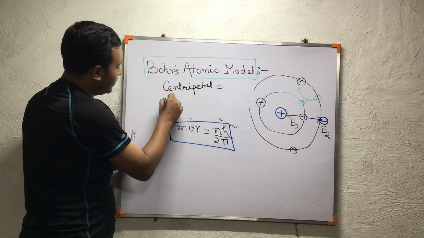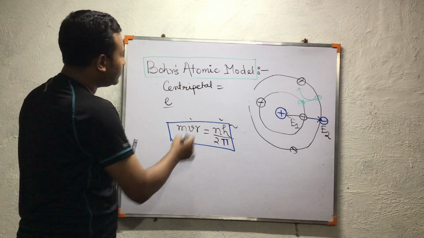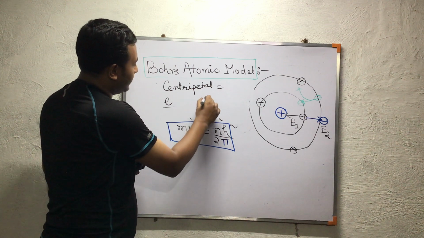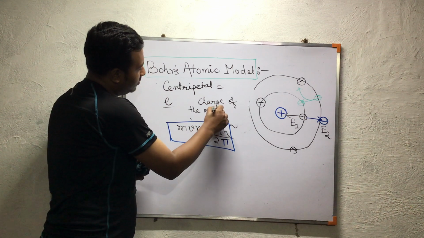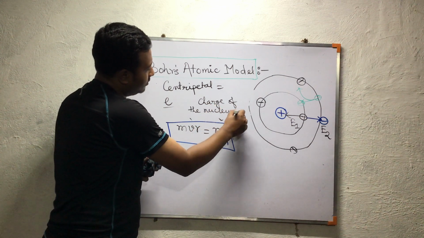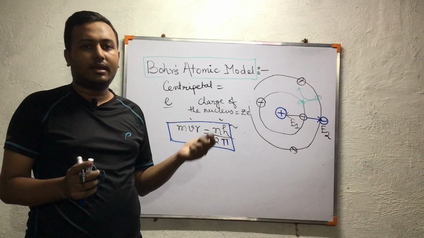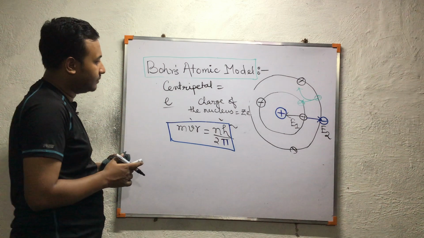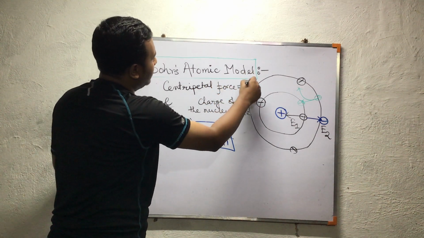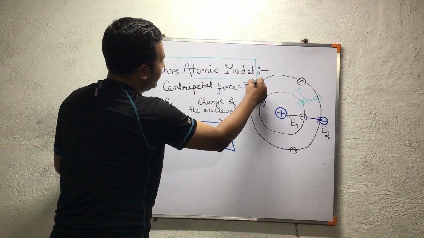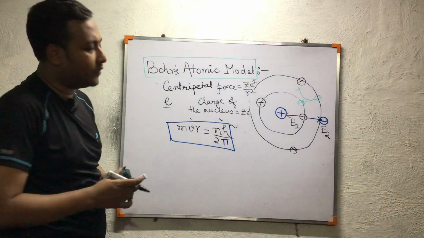If we assume the charge of one electron is e, then the charge of the nucleus will be Ze, where Z is the proton number, or the atomic number. So the centripetal force will be equal to Z e square divided by r square, where r is the radius of the orbit.